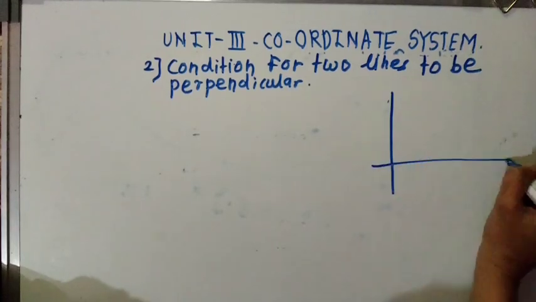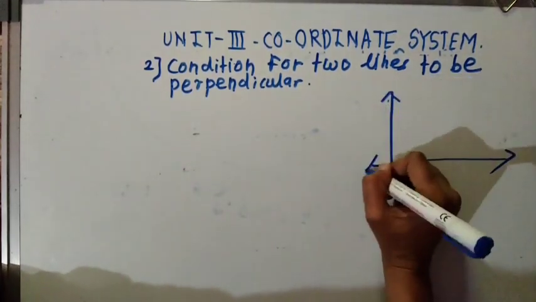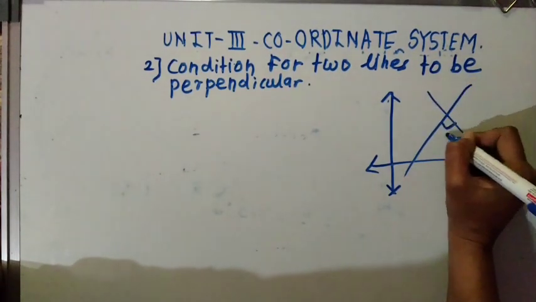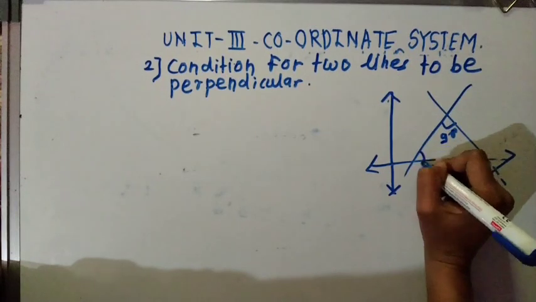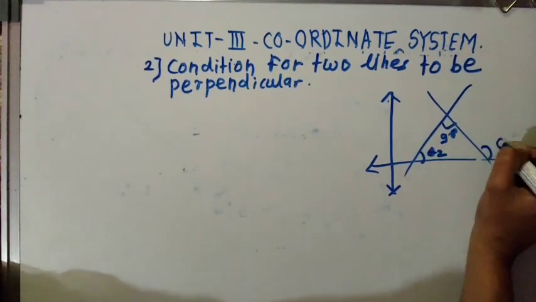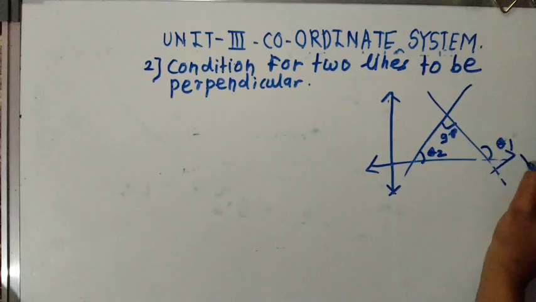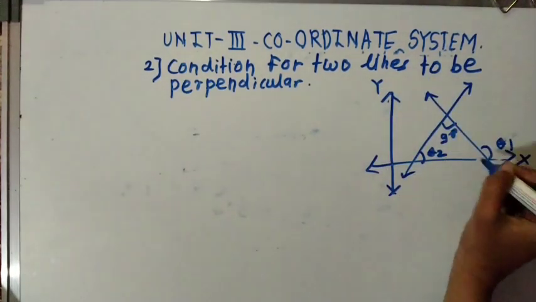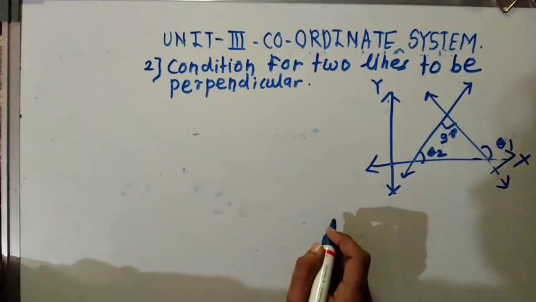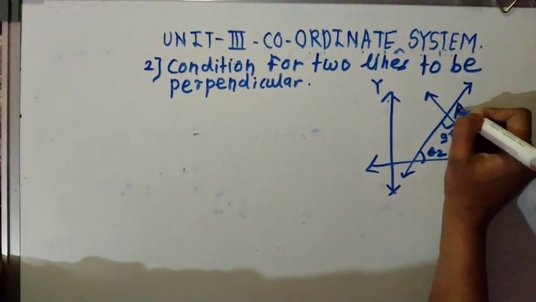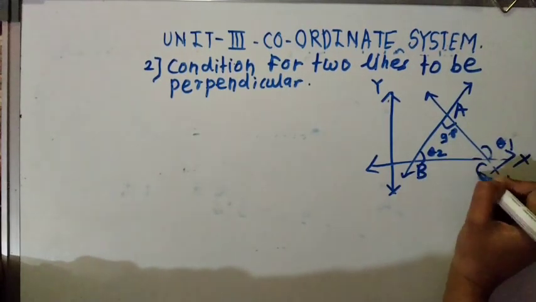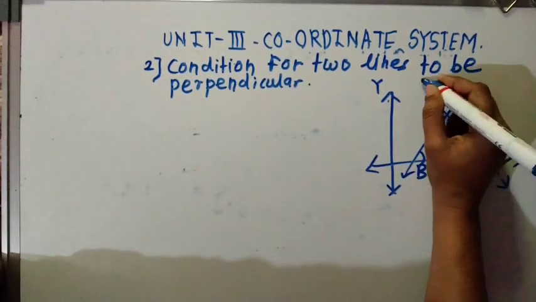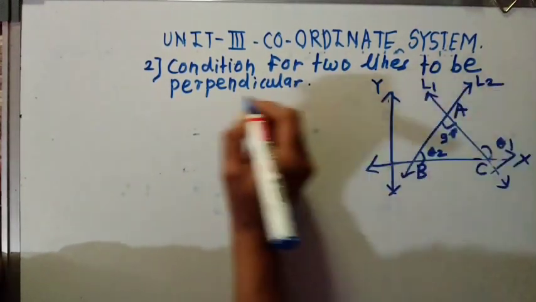Suppose we draw this diagram. First, this is 90 degrees, this is theta 2, this is theta 1, this is the x-axis, and this is the y-axis. Then the points are A, B and C. This is L1 and L2.